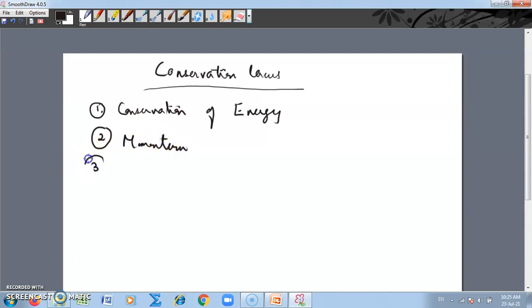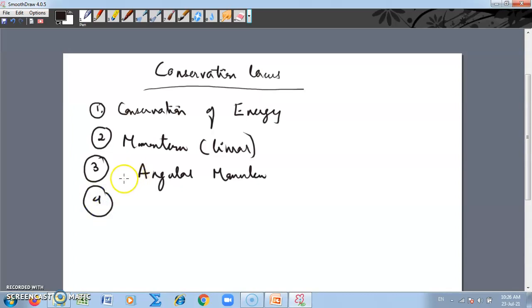This is linear momentum. Then we have angular momentum, charge. These things are common.